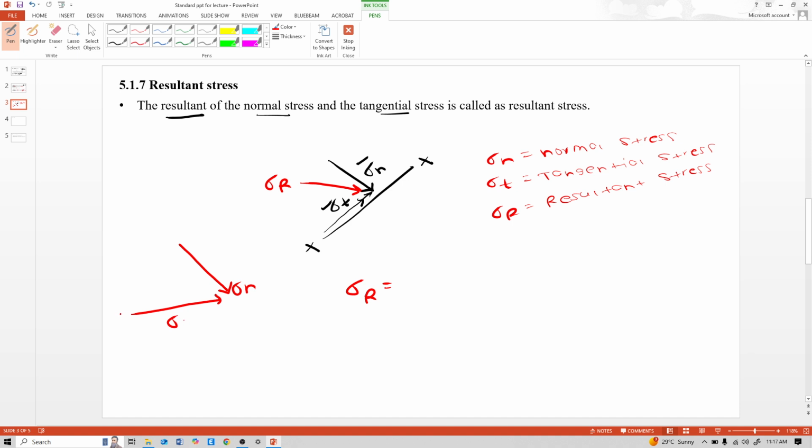This is sigma r, and this is sigma t. This is 90 degrees, so sigma r is the hypotenuse. Sigma r is equal to under root of sigma t square plus sigma n square. So this is the equation for the resultant stress.